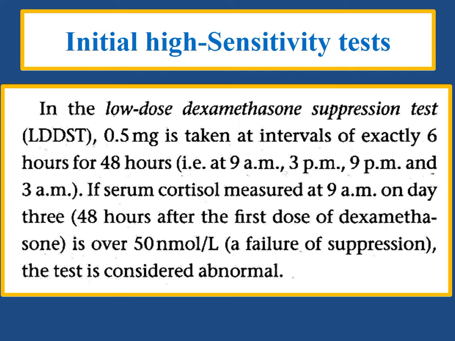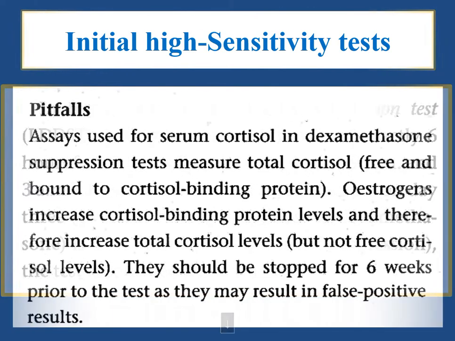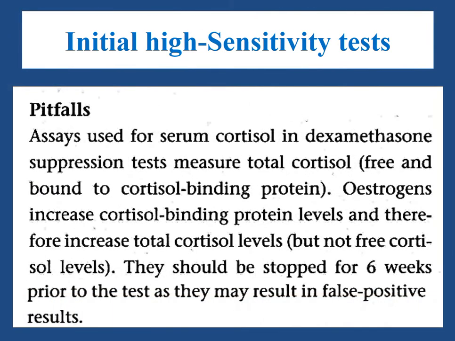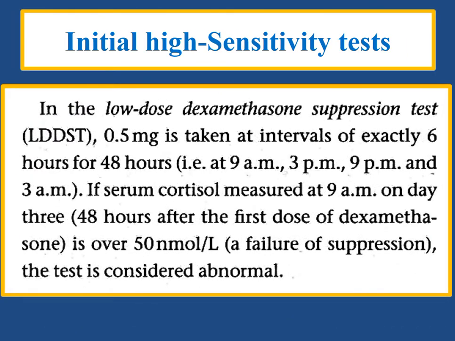For example, at 9 a.m., 3 p.m., 9 p.m., and 3 a.m. If serum cortisol measured at 9 a.m. on day 3, 48 hours after the first dose of dexamethasone, is over 50 nanomole per liter, a failure of suppression, the test is considered abnormal. So it indicates that this low dose of dexamethasone does not suppress the secretion of cortisol.